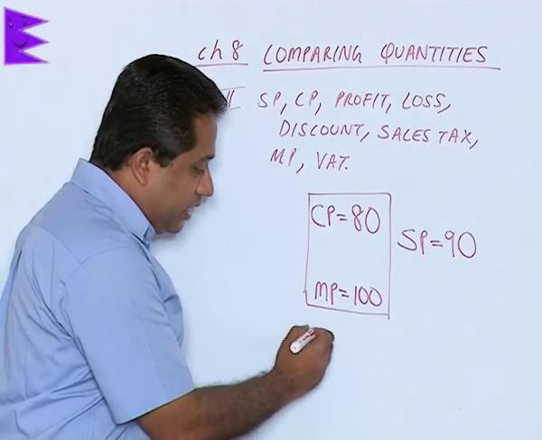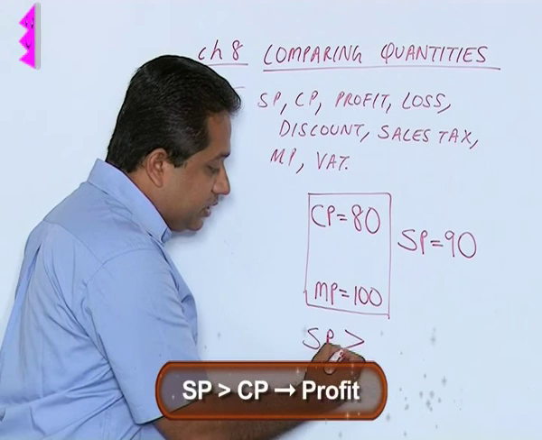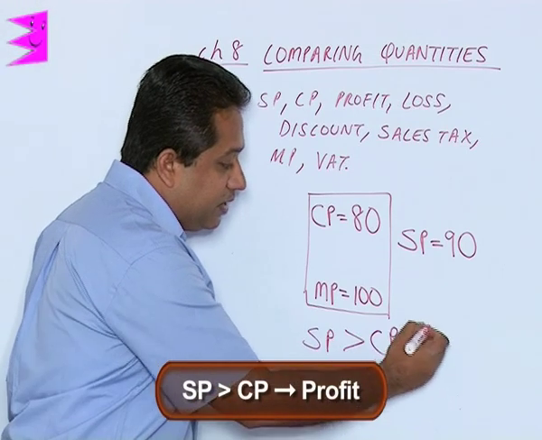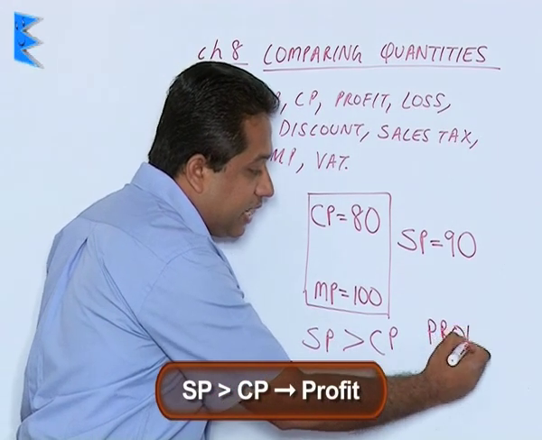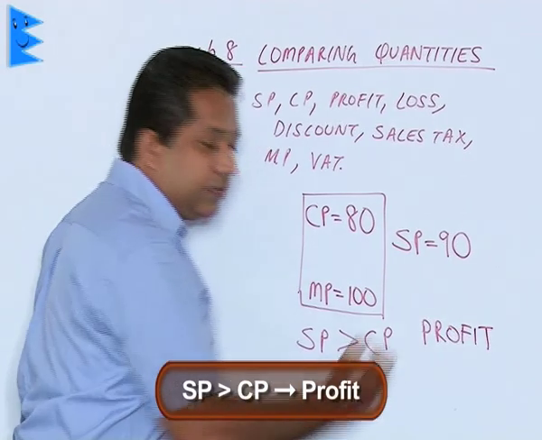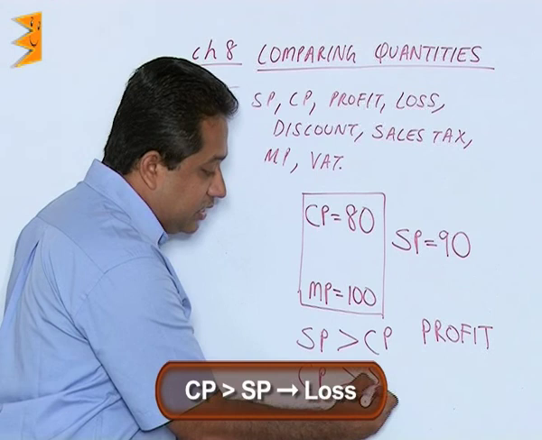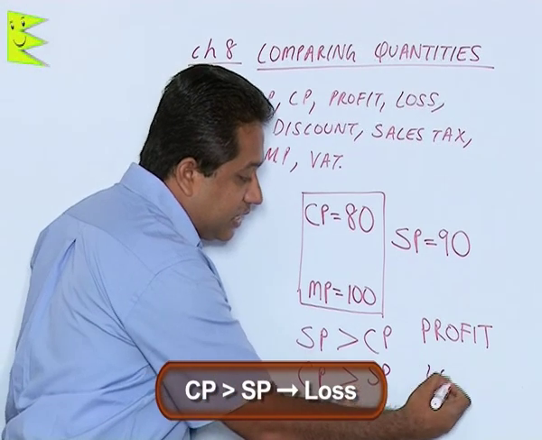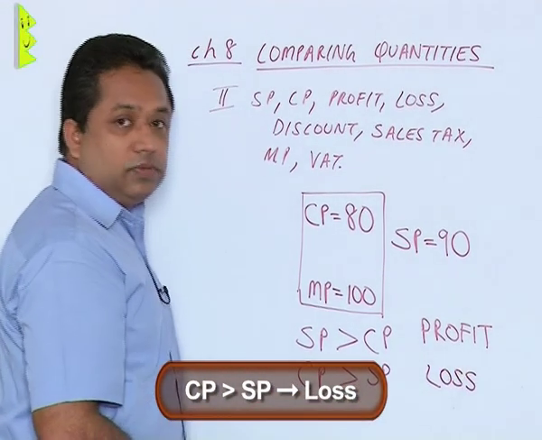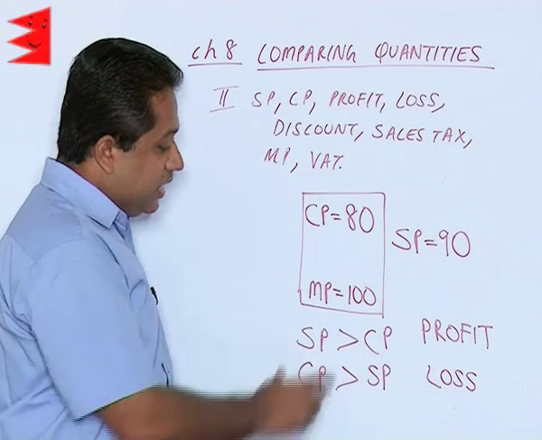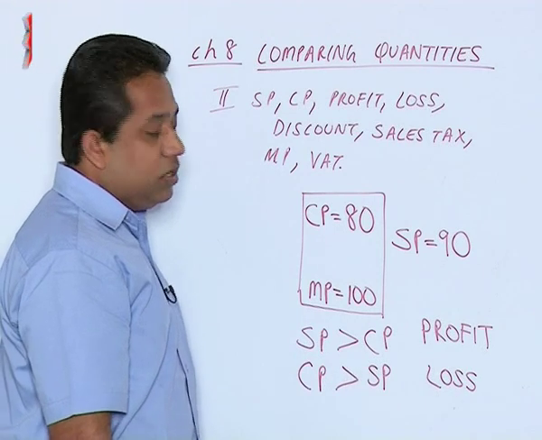So in any question, if you find that the selling price is more than the cost price, then we can say that that person will have a profit. And in case the cost price is more than the selling price, then we can say that he will have a loss. So basically, this is the criteria to identify profit or loss.